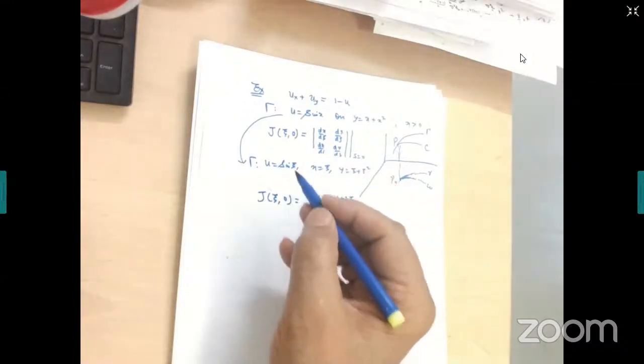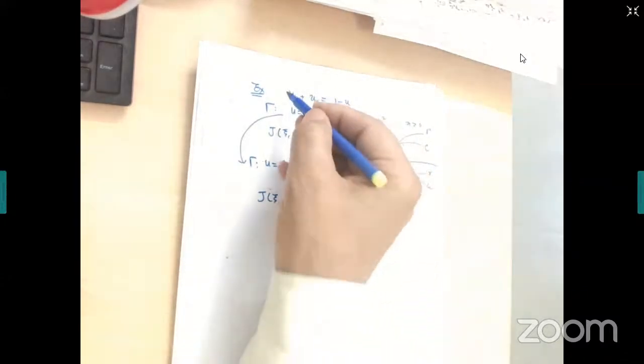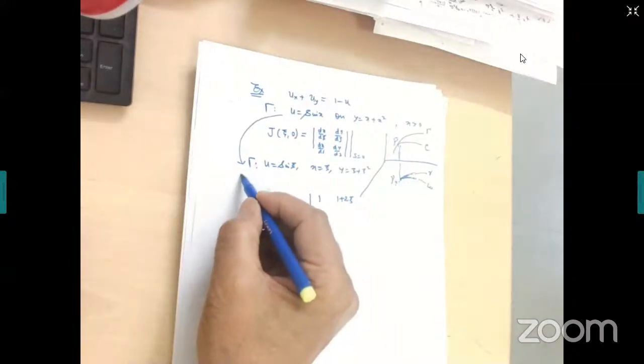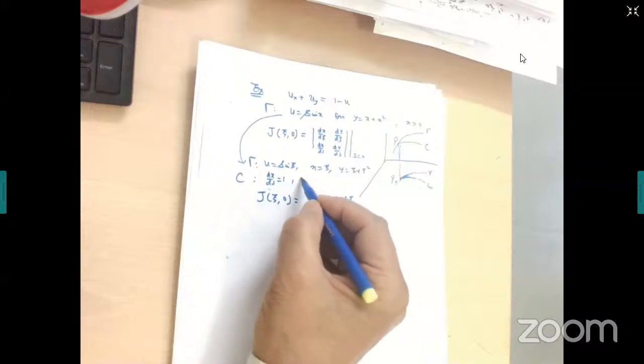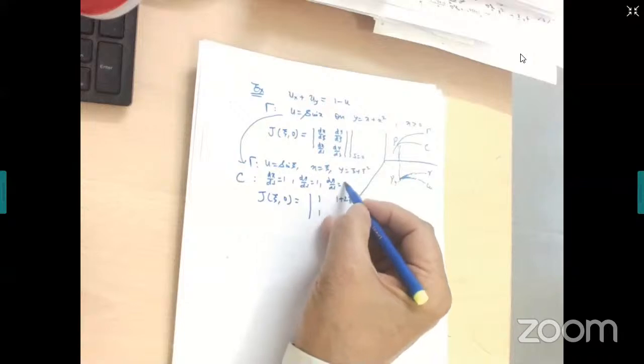Dx ds, for the characteristics, is 1, dy by ds is 1, and du ds is 1 minus u.